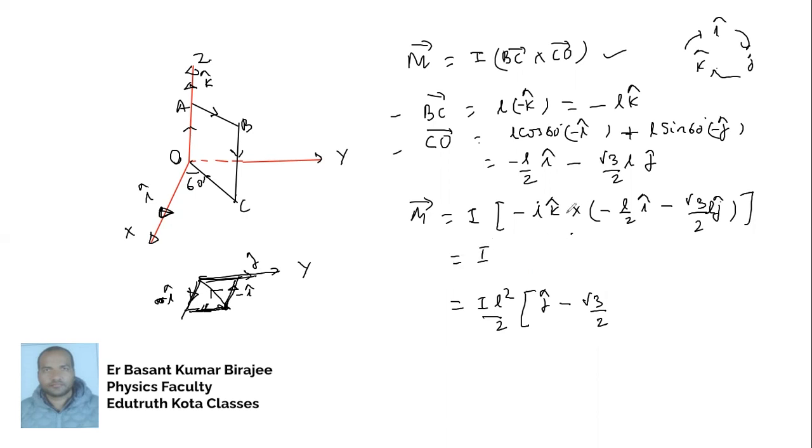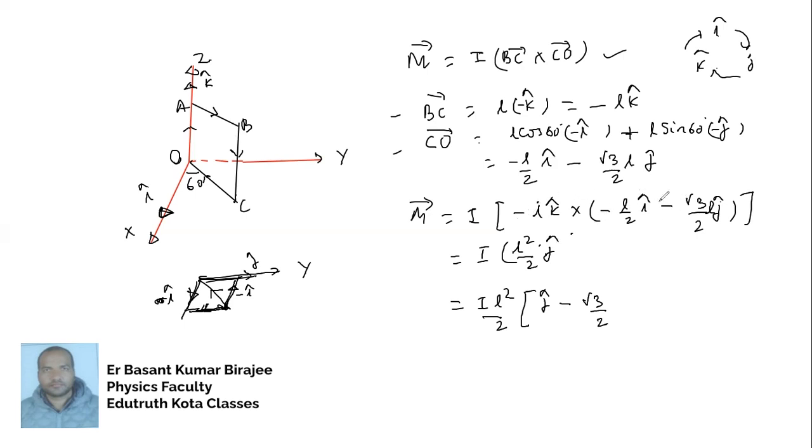In the bracket, if you multiply, then it is plus, and L is L square, that is fine, and k cross i is j, L square by 2. And k cross i is j.